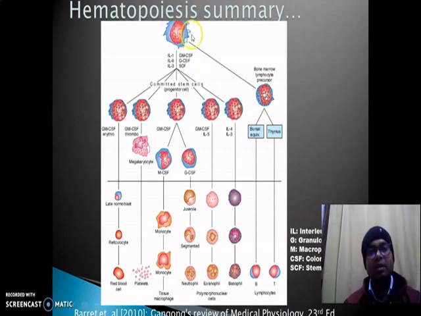So this hematopoietic stem cell, upon receiving a specific signal from cytokines like interleukins or colony stimulating factors or stem cell factors of a specific type, like granulocyte or macrophage colony stimulating factors, divides into particular lineages and creates its own offspring, that is the final cell.